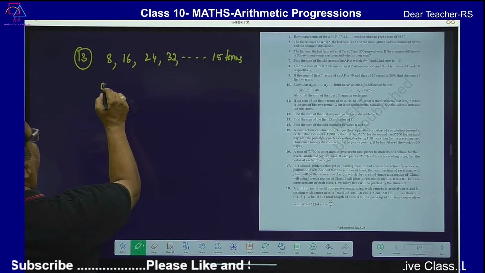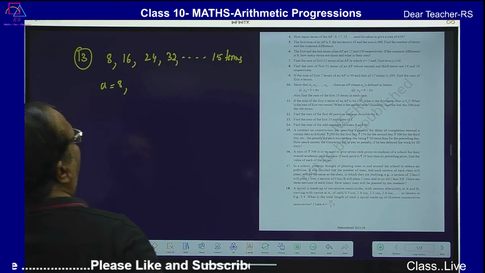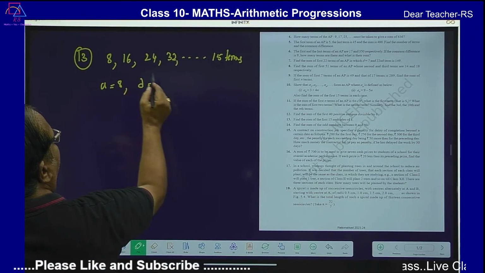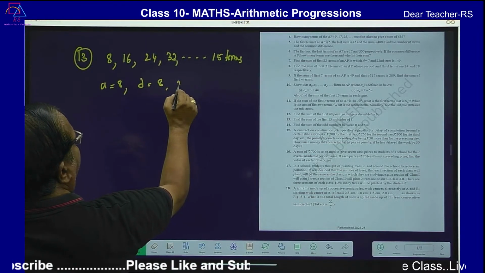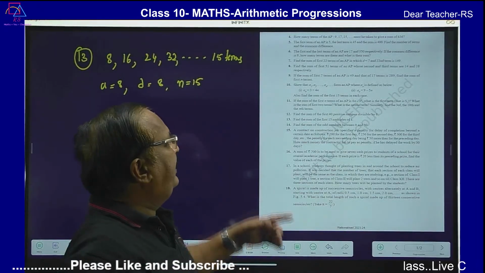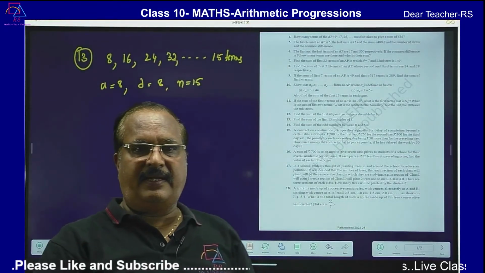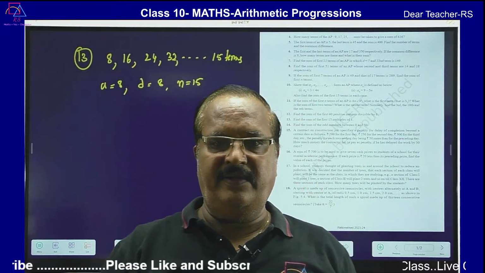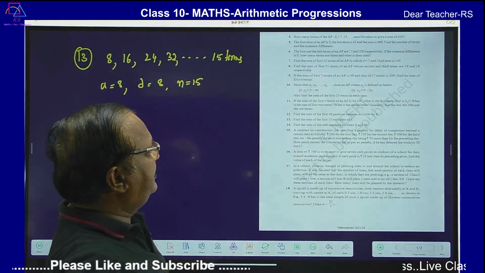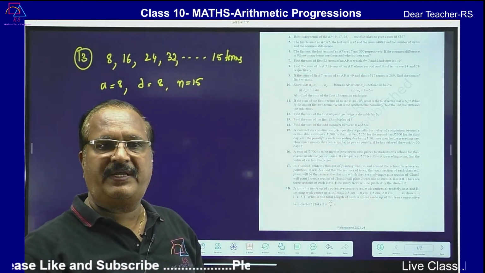So now a is equal to 8 and d is equal to 16 minus 8, that is 8. n is equal to 15. Now you have to find out Sn. Sn formula you will be getting directly, okay, n by 2 into 2a plus n minus 1 into d. I am not doing it, I want you to do it by yourself.